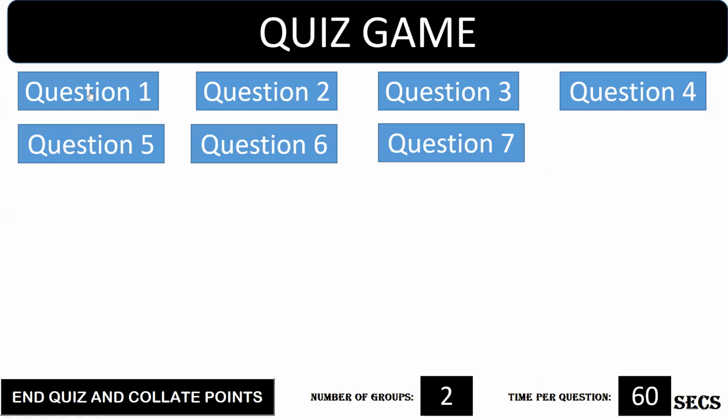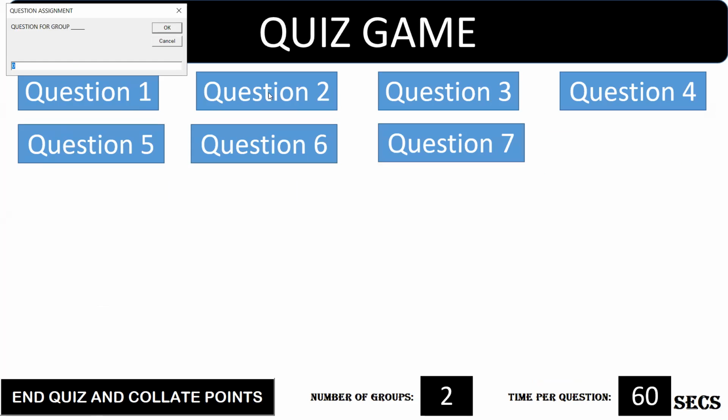That's the 2 have been set. So let's say group 1 goes for question 2. The question is for group 1. So you need to tell the system, tell PowerPoint that this question 2 is to be attempted by group 1.